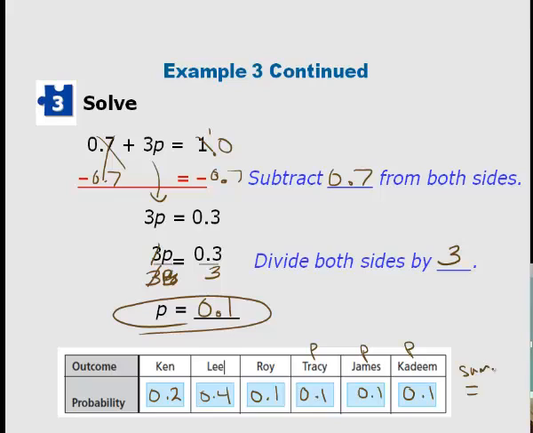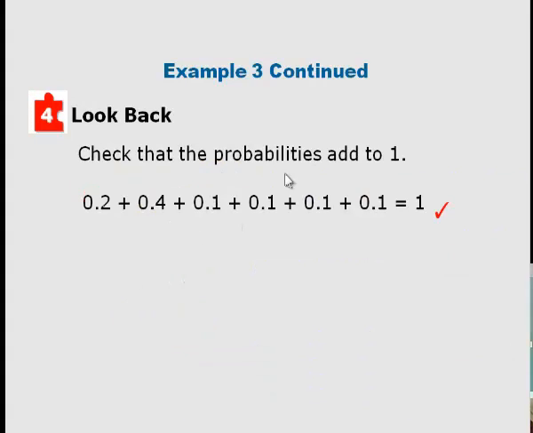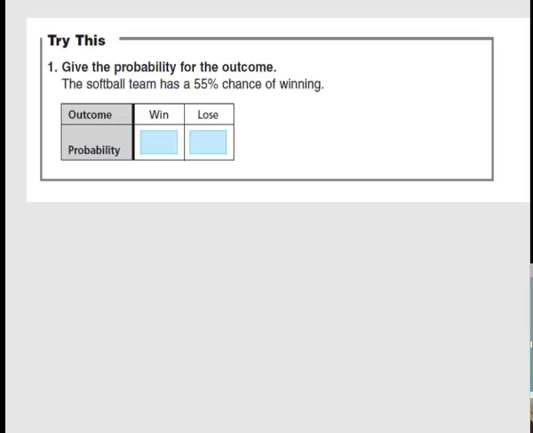Their sum would equal 1 if we did this correctly. 2, 3, 4, 5, 6, 7, 8, 9, 10. Yes, 1.0 equals 1. So they're correct. Again, review. I checked them to make sure that equals 1.